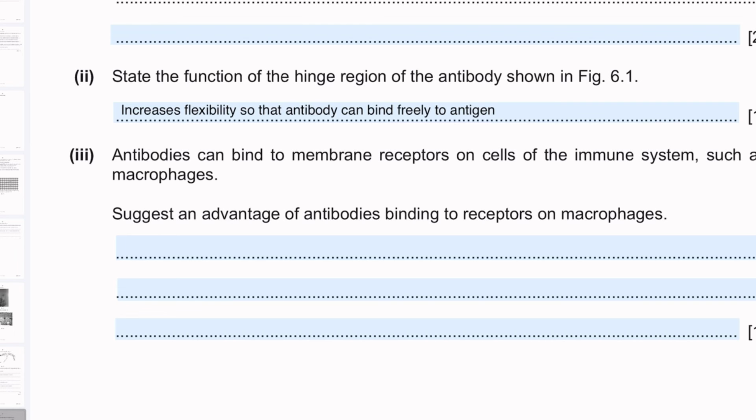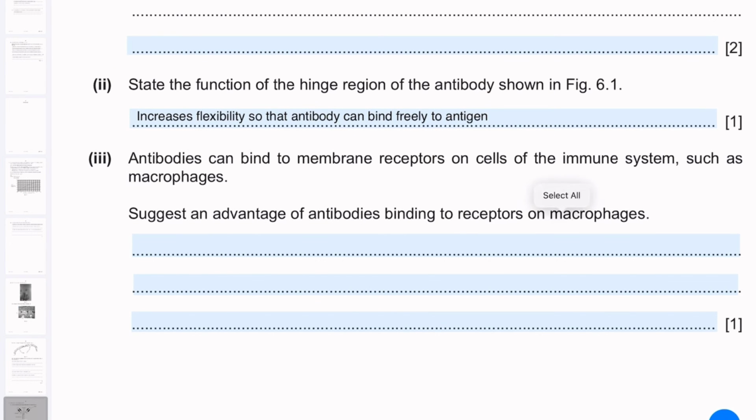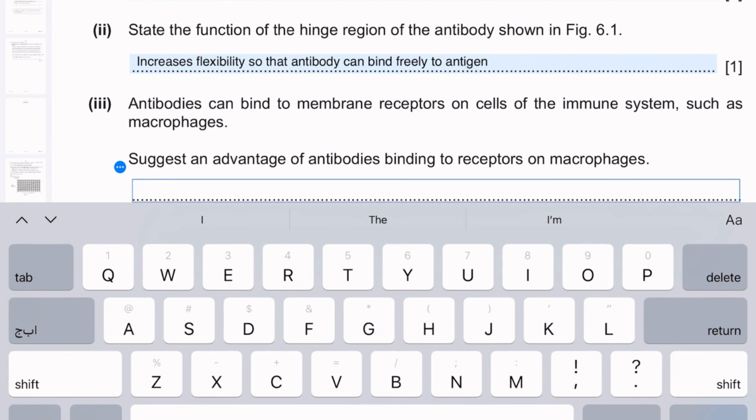So it makes the process easier. So you could just say binding to receptors on macrophages again just makes the process easier. And obviously, once they bind to the receptors on the macrophages, they get engulfed. So you just mention the process of phagocytosis in general.